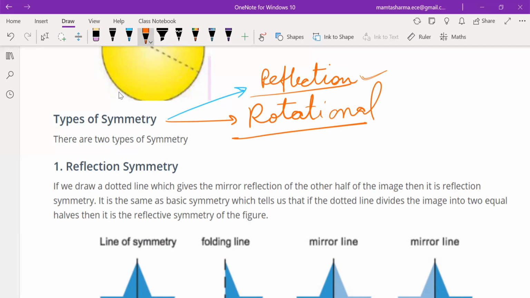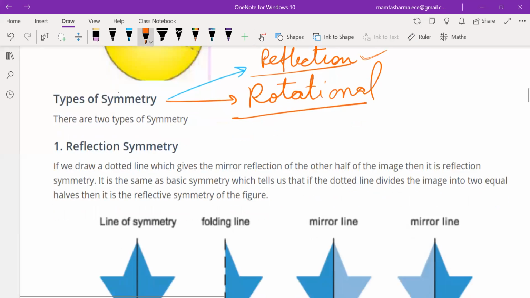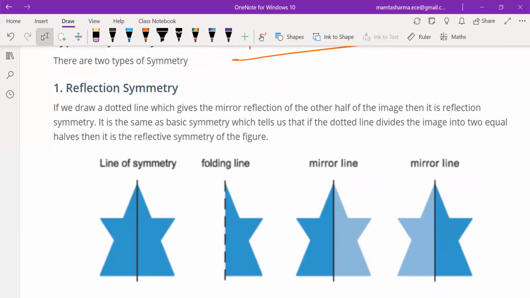Why was it reflection? Because for that figure, when we were putting the mirror on the line of symmetry, we could see the exact same half on the mirror. That's why it is a reflection type of symmetry.